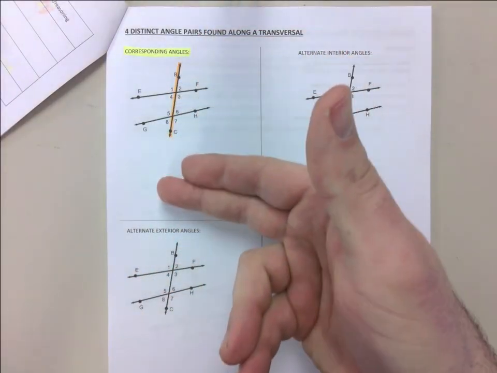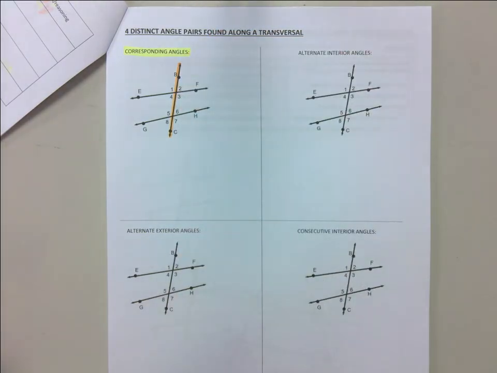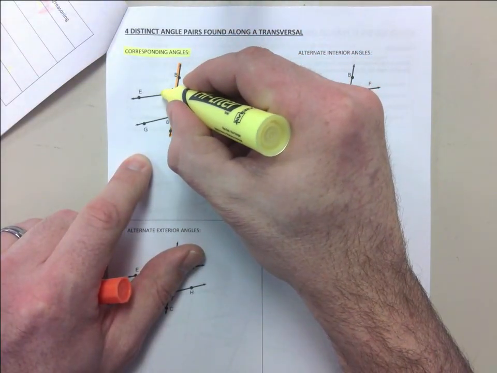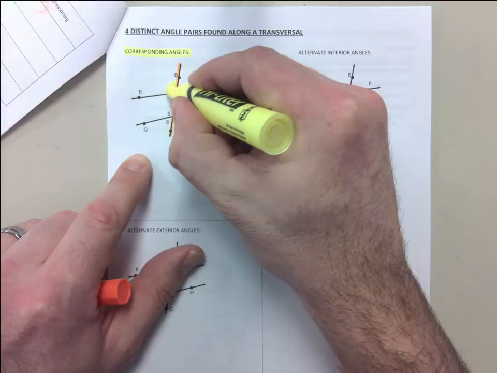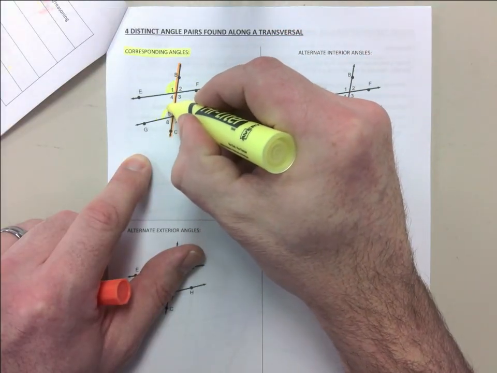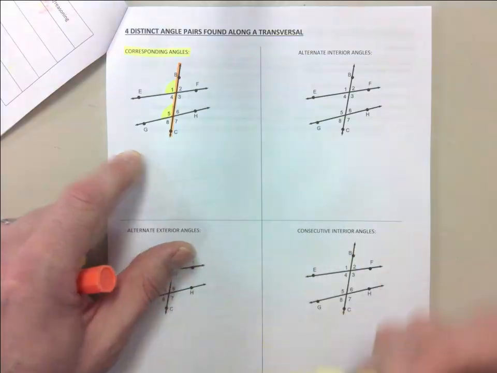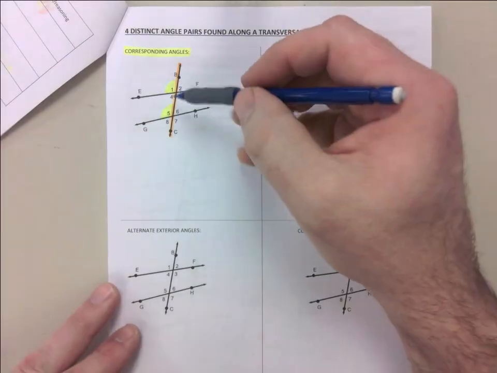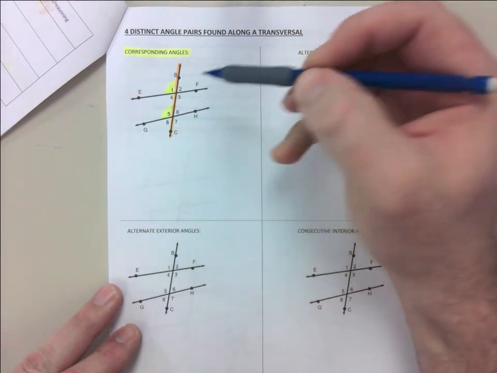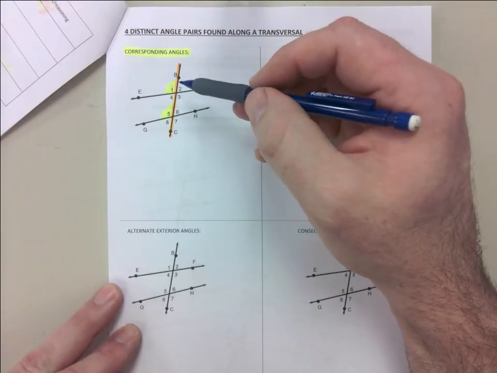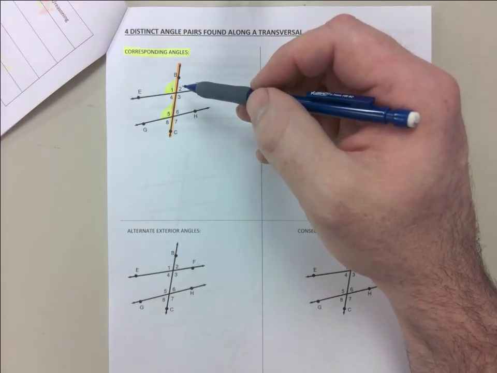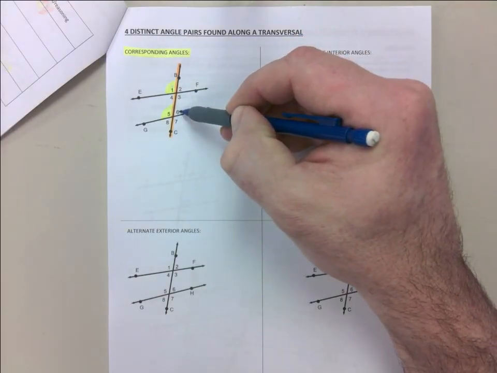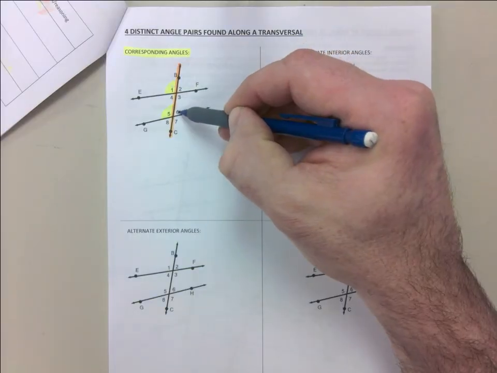If that's the one you're traveling along, one pair of corresponding angles would be this one right here. Highlight that one. One would be corresponding to 5. I'm not going to highlight them all because then they're going to be hard to see, but 2 and 6 would also be a pair of corresponding angles.